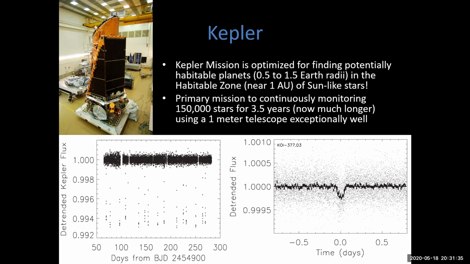So Kepler produces data like what we're seeing here. It's optimized for finding Earth-like planets in Earth-like locations around sun-like stars. And it successfully measured about 5 years worth of data.